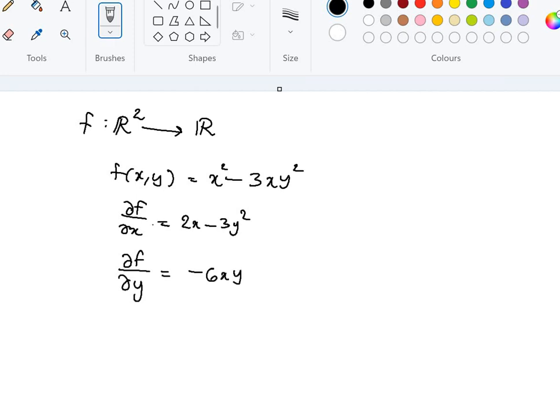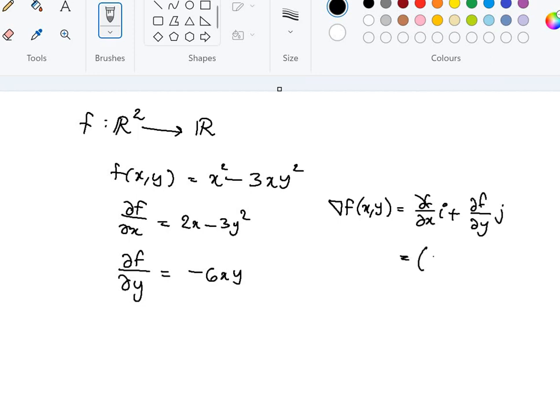Using these two partial derivatives, we can create a vector valued function denoted as del f, and del f at x comma y is defined as the partial derivative of f with respect to x i plus the partial derivative of f with respect to y j.